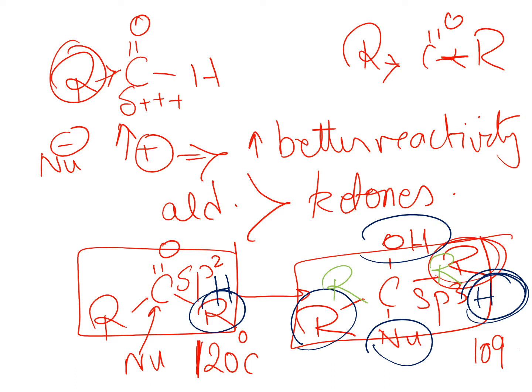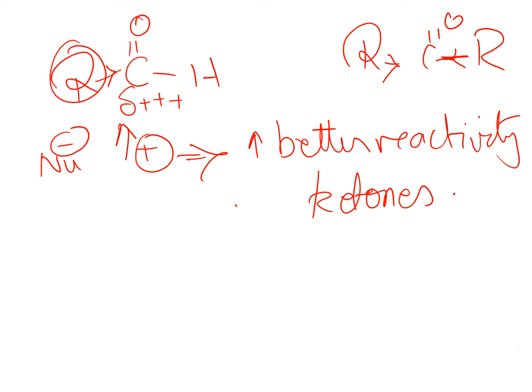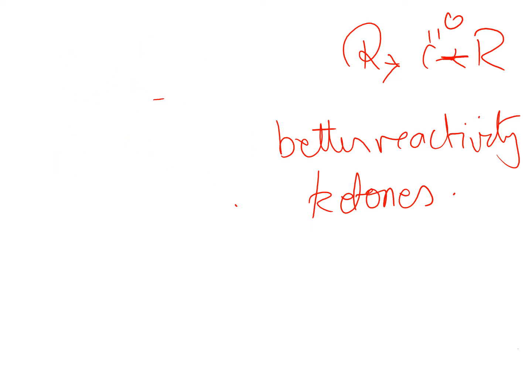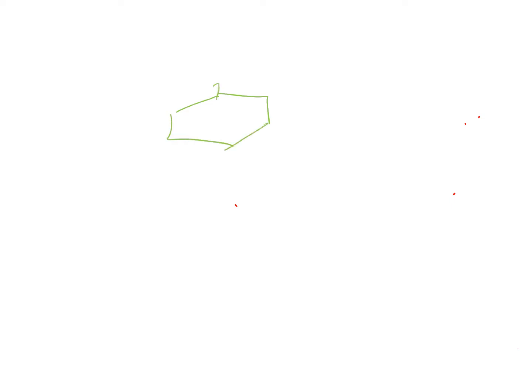Furthermore, if we compare aliphatic with aromatic aldehydes and ketones, we will find that aliphatic compounds are more reactive than aromatic compounds. Why is that? Because in aromatic compounds, you have the carbonyl group directly attached to a benzene ring, regardless of what you have on the other side of the carbonyl.